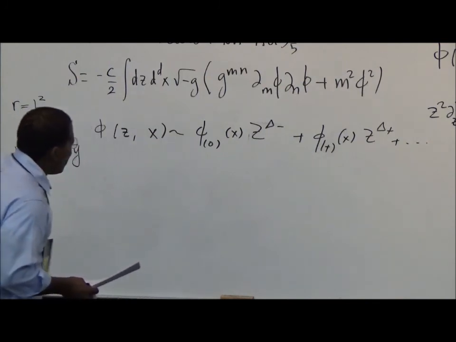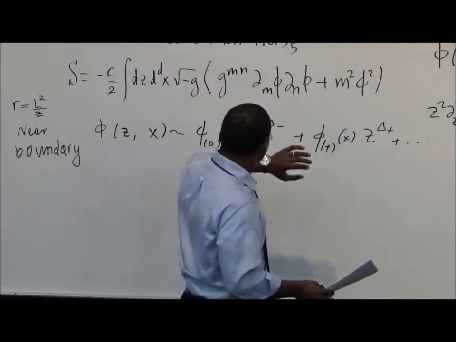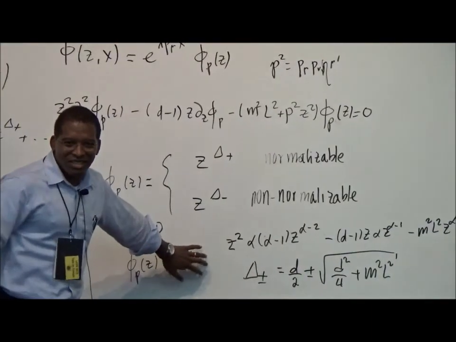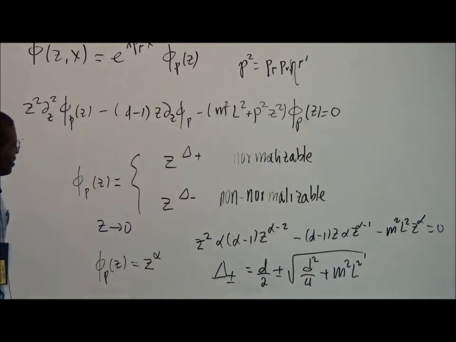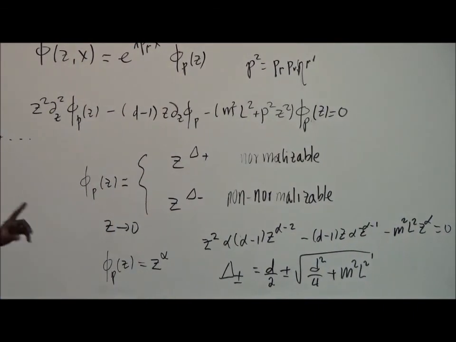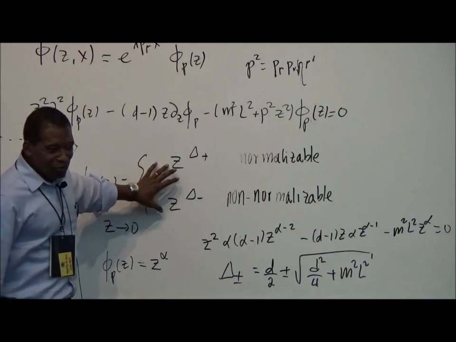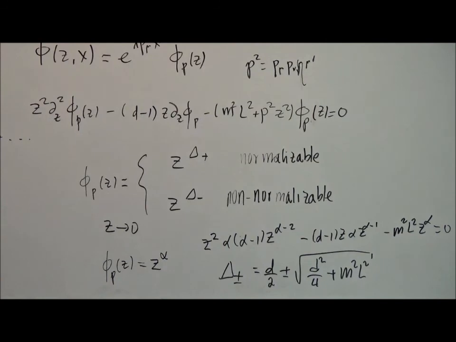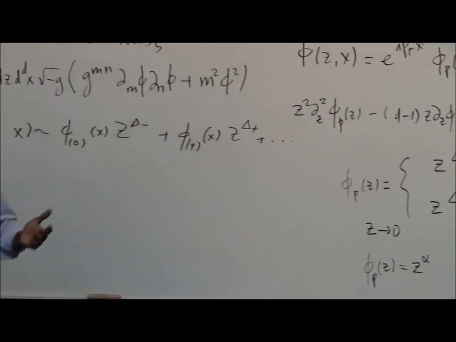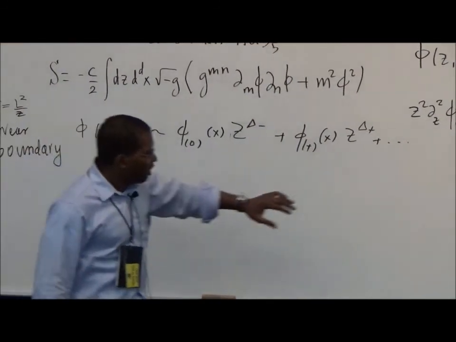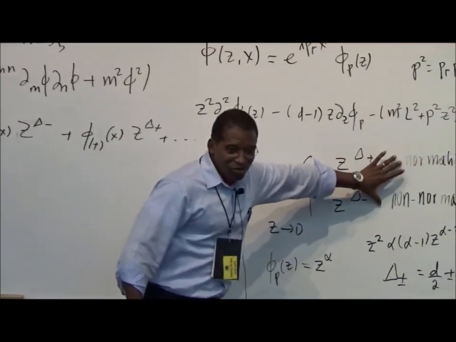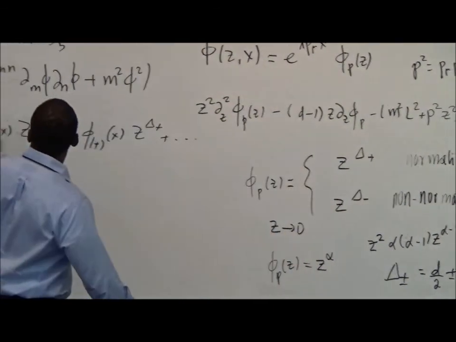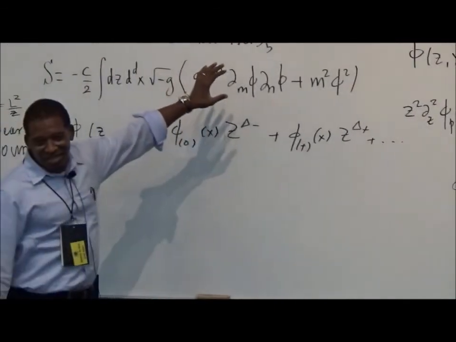Good. There's another calculation at this level of difficulty. You have to do one integration, to understand whether these modes are normalizable or not, that is, whether they have finite action or the action blows up. Just for you to convince yourself that this is correct, what you need to do is plug this in here and try to do the integral.